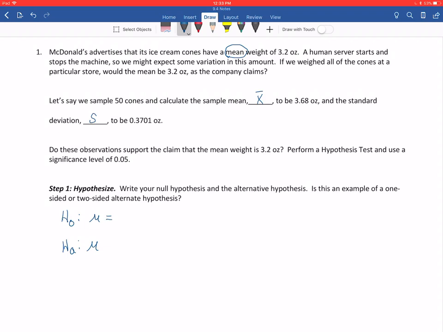Our null would be the very boring stance of everything is as it should be: the mean weight is indeed 3.2 ounces. In this case, we're not really concerned about whether it would be more or less. We're just concerned about, is it something different? So my alternate would simply be that the mean weight is not 3.2. Because of this being the not equal to symbol, this would be an example of a two-sided hypothesis.